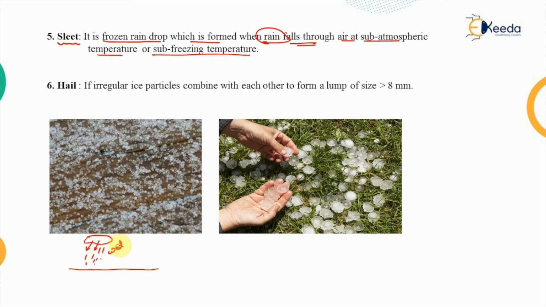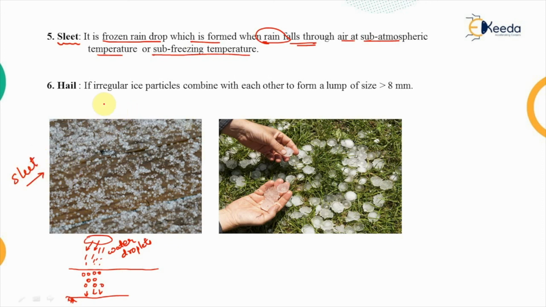At this location these are water droplets, but when they have left the cloud and reached a certain distance, after this they get converted into frozen raindrops, and in the form of frozen raindrops they fall onto the earth's surface. This form of precipitation is known as sleet, which is shown in the first image.